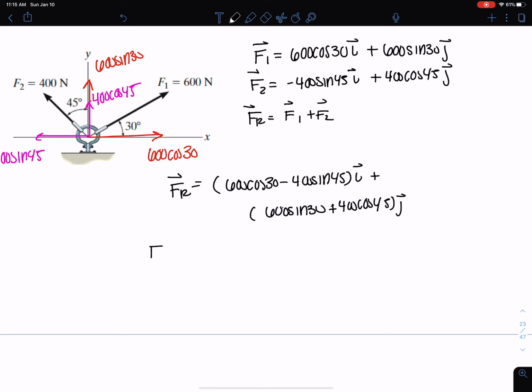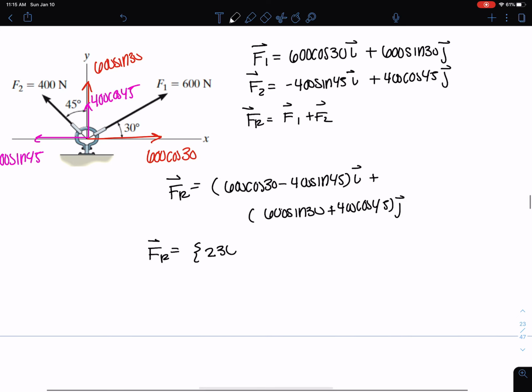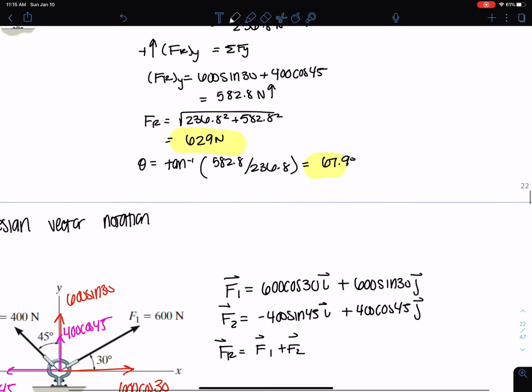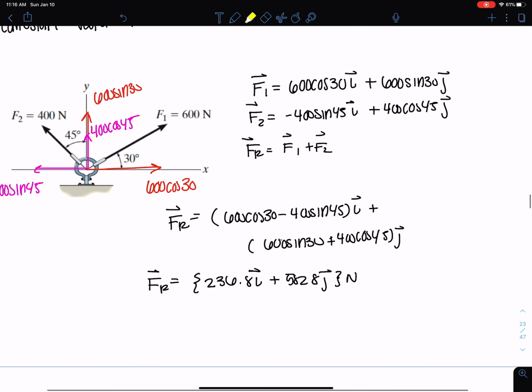I end up getting my resultant vector is 236.8 in the i direction, plus 582.8 in the j direction, and you can see that's what I got here for each of those. And they're positive, which means up and up.